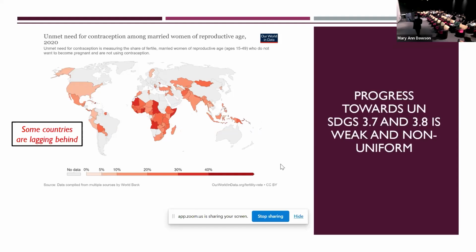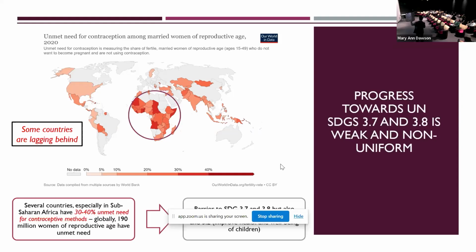So what we see from this map is that there is a wide variation in how countries are performing. Also, several countries are lagging behind. The darker colors are the countries that are lagging behind. For example, if you look at Africa, especially countries within sub-Saharan Africa, they have about 30 to 40% unmet need for contraceptive methods.